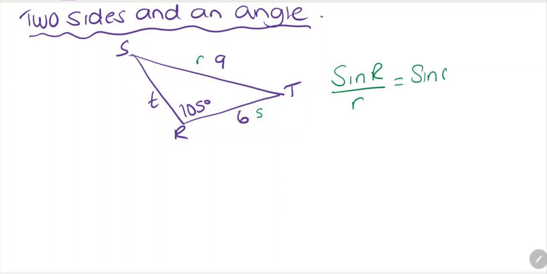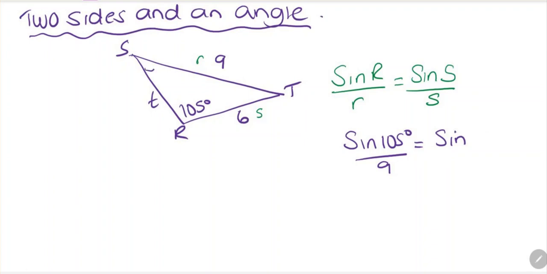So we've got the sine of R over r is equal to the sine of S over s. So if we substitute in the values that we know, we have the sine of 105 divided by 9 is the sine of, and we don't know, so I'll just say it's theta for a minute, sine of theta divided by 6.